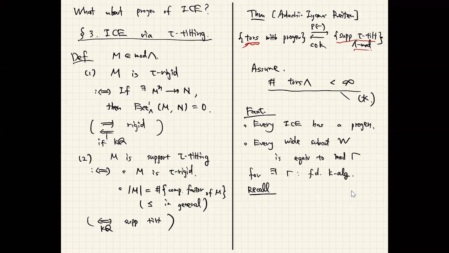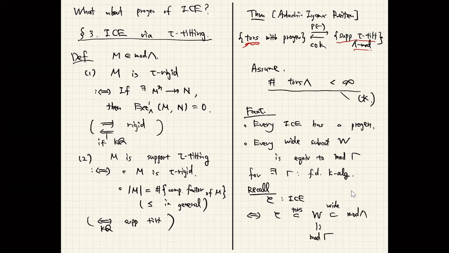So now recall that C is ICE if and only if C is a torsion class of some wide subcategory of mod lambda. And under the assumption star, this W is an abelian category, which is equivalent to another module category.